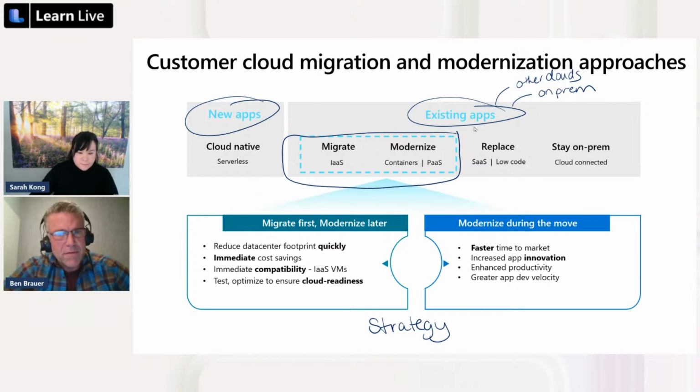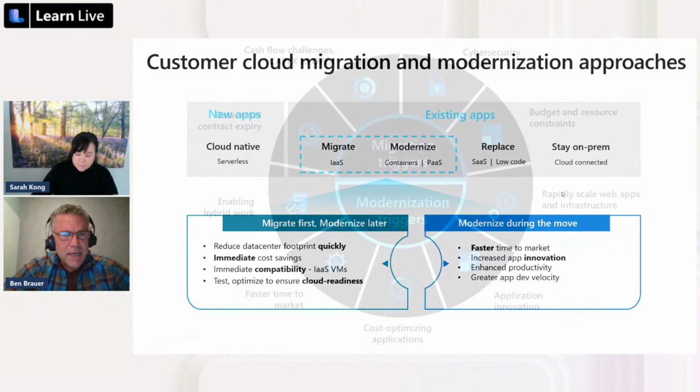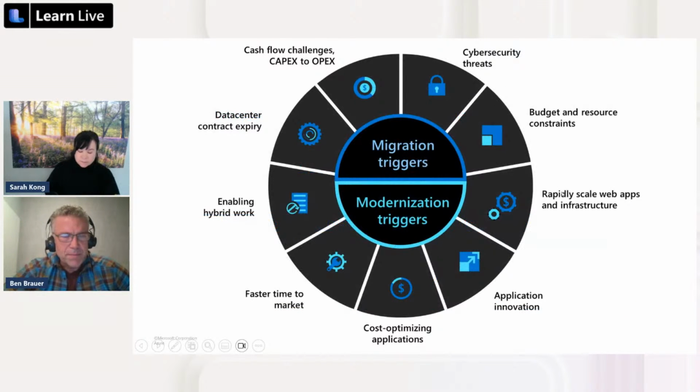Replace is basically taking existing apps and replacing them with a SaaS or low-code solution. We won't focus on that much today because it's a different set of considerations. So let's dive into migration and modernization.